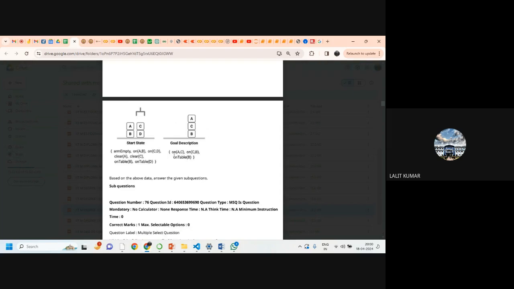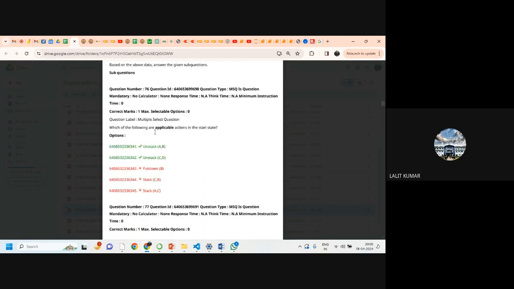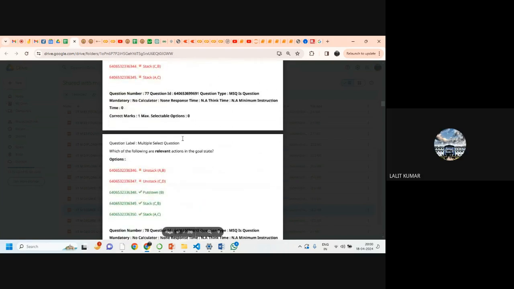Relevant actions are always picked from the goal. To achieve on AC, what we have to do is stack AC. That is a relevant action. Then stack CB, and for B on table we have to put down B. So these are the 3 relevant actions. So these 2 questions we can do straight away.